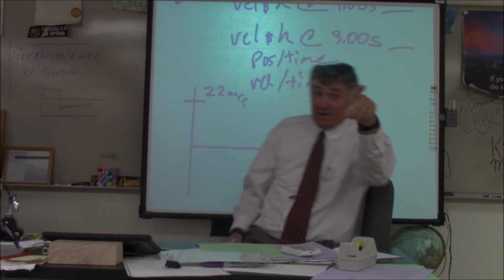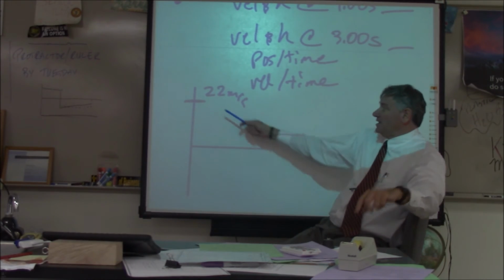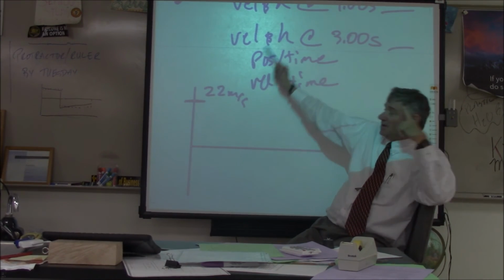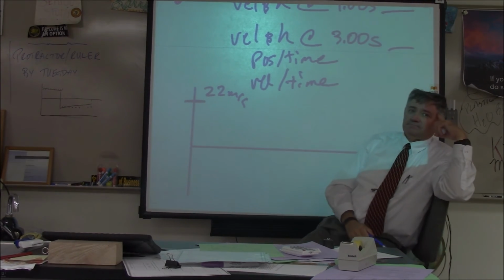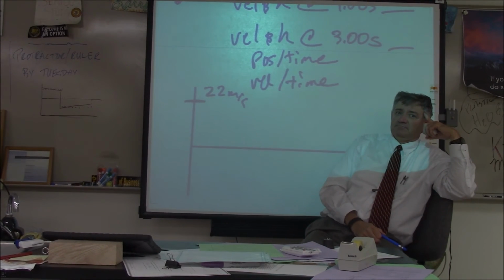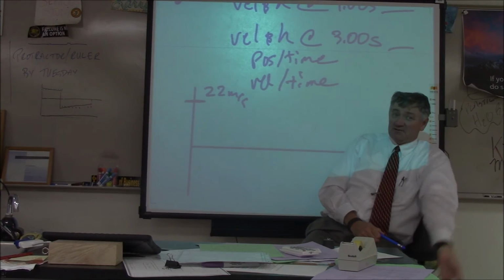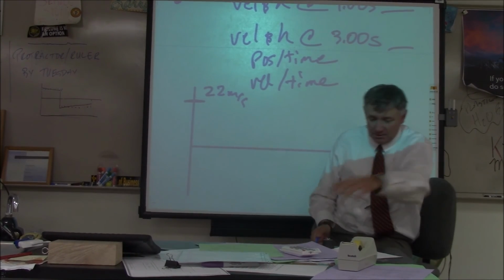This graph can do one of three things, Kira. It can slope up, it can be a horizontal line, or it can slope down. What's it going to do? Fantastic. Why? Because as soon as it leaves my hand, what does it start to do?